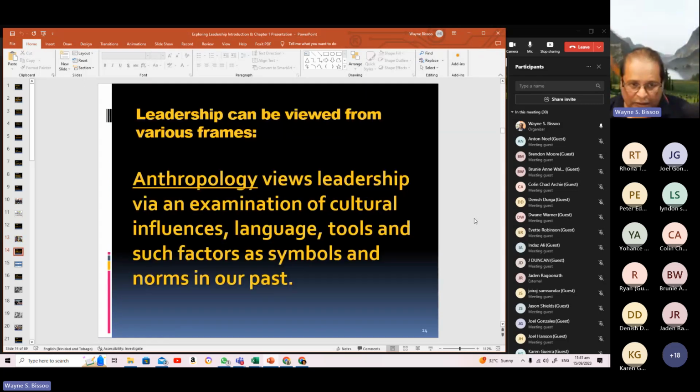All right, another view or framework through which we look at leadership is anthropology. Generally with anthropology, it's more historical in nature, where we look back on past civilizations to observe what leadership was like there. In a lot of instances, we're talking about observing societies that did not have written history.